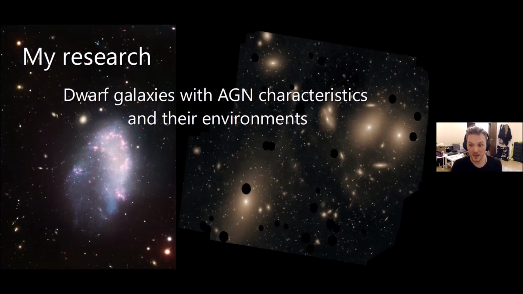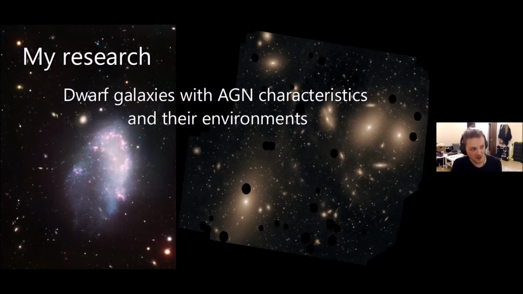But there are some, and quite a few actually. But do we actually have reason to believe that they behave similarly to regular galaxies? Because all the diagnostics, all the models for AGNs, are developed for regular galaxies like the Milky Way. So do dwarf galaxies follow a similar trend?